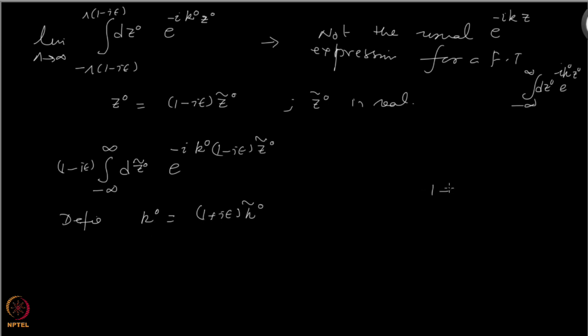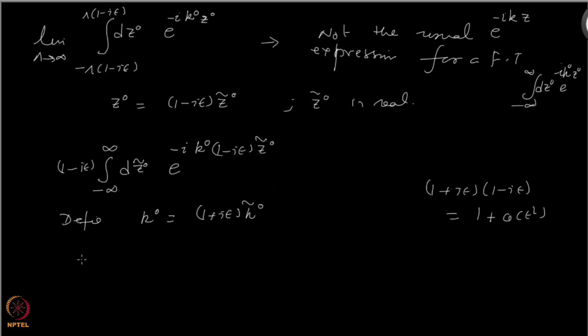So, the inverse of 1 plus epsilon is 1 minus epsilon, and because 1 minus epsilon times 1 plus epsilon gives you 1 plus order epsilon square term. Okay, and we are working to order epsilon, so this can be dropped. So, k naught times 1 minus epsilon becomes k tilde naught.